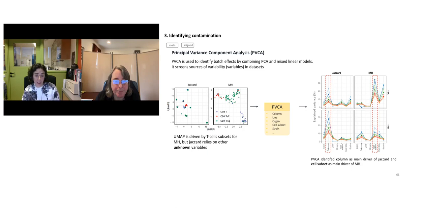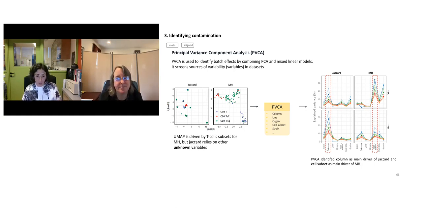So for instance, here, to try to identify whether our sample distribution and the similarity between our samples was due to a technical bias, we took as information the position of each sample in the column or the line of the plate for the amplification, the organ from which the samples were collected, the cell subset, and the strain, if we were using different strains.